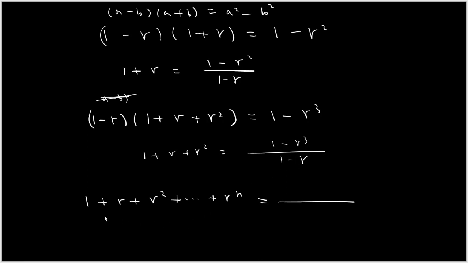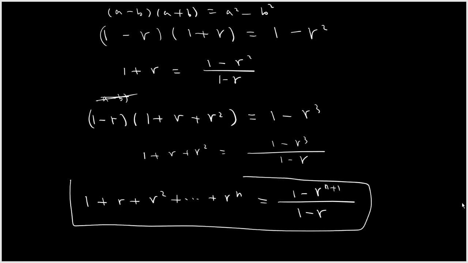How about we add 1 plus r plus r squared all the way up to r to the power of n? The formula is going to be 1 minus r to the power of n plus 1, and on the denominator you have 1 minus r. That's a formula I want you to memorize.